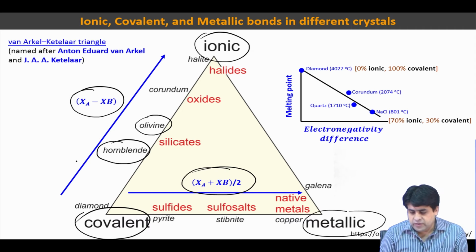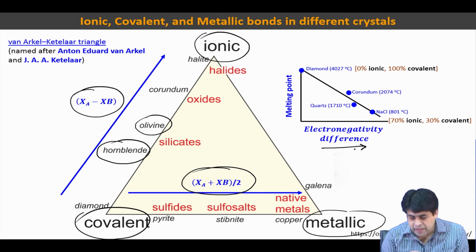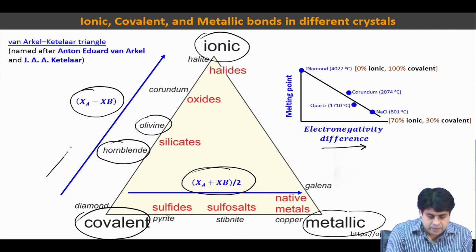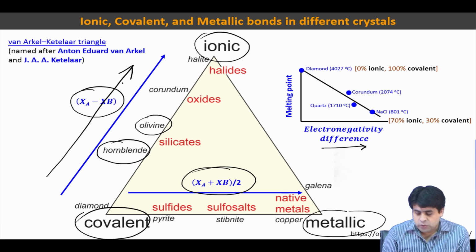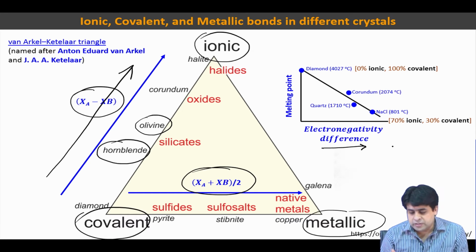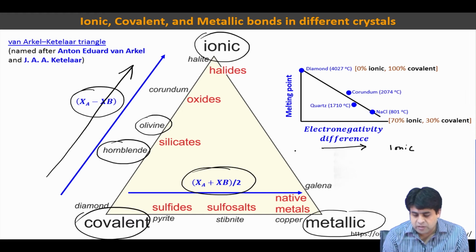There is another very interesting correlation with electronegativity difference. In this diagram, the electronegativity difference is increasing in this direction. When the electronegativity difference is large, you will have an ionic bond, and when it is very small, as in diamond, you have a covalent bond.